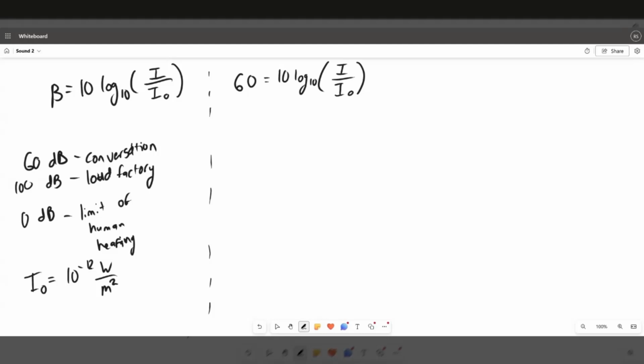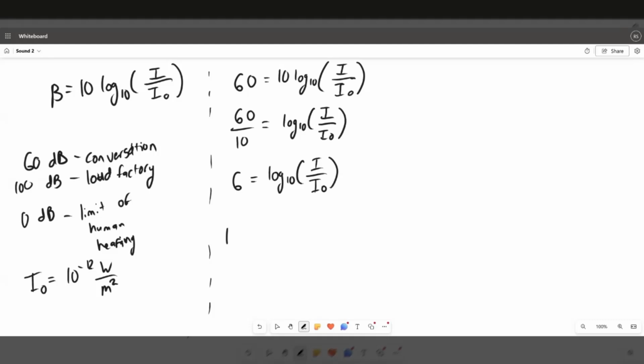Okay. In order to do that, we have to basically undo a logarithm. So first we'll divide the 10 to the other side. And now we have 6. To undo a logarithm, you need to do 10 to the power of both sides.